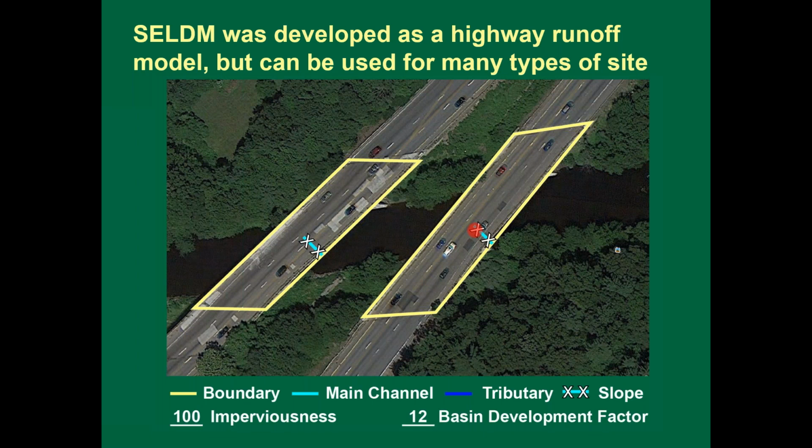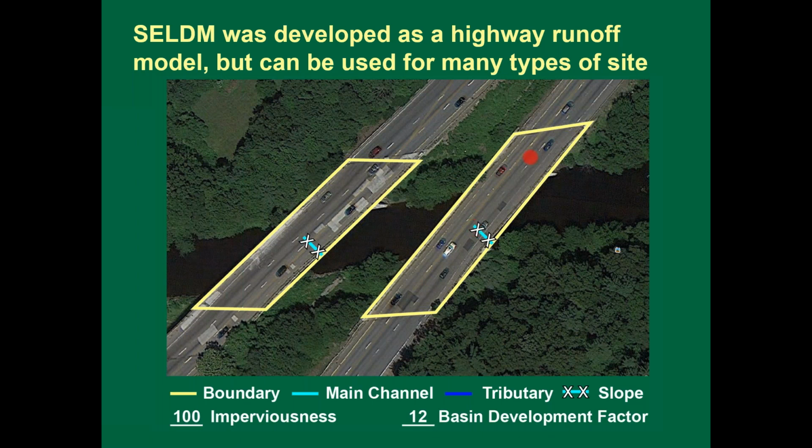Now, if these bridges had drain collection systems, then the length would be the length from the bridge deck down to the river. The slope, however, you wouldn't want to include any vertical sections in the slope because they don't really contribute to the timing of the hydrograph. It's more the horizontal flow that contributes to the timing.